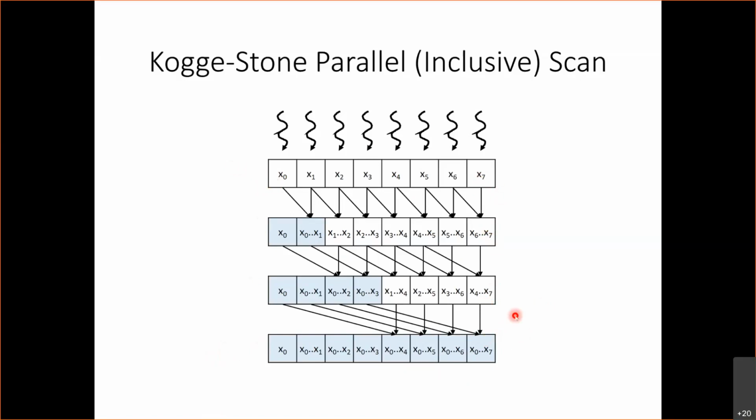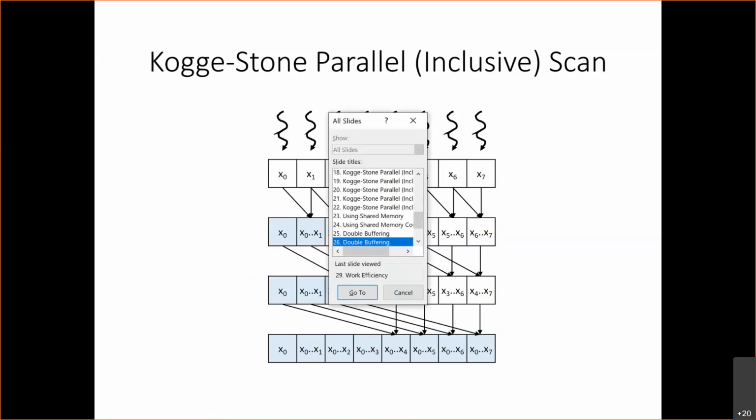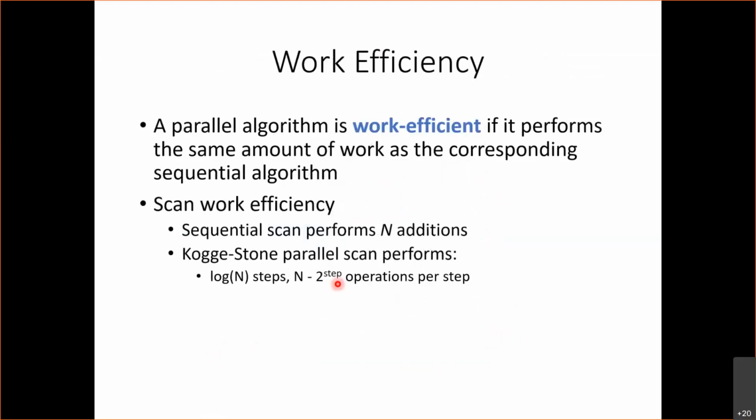If we go back down to our reasoning about work efficiency, we're going to have log n steps, and every step we're going to do n minus 2 to the power of step operations. In other words, n minus 1 plus n minus 2 plus n minus 4 dot dot dot plus n minus n over 2.